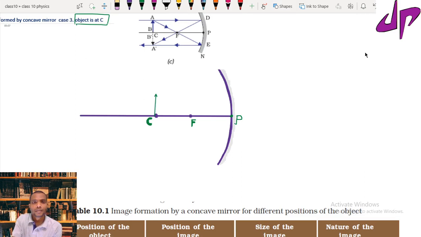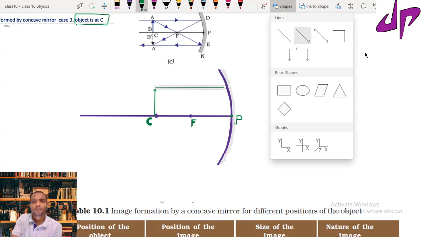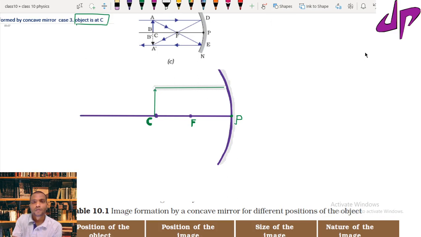Take the object at the center of curvature and use the first rule. The rule is a ray which is parallel to the principal axis, after reflection, should pass through the focus.